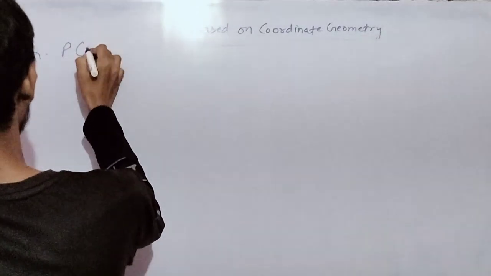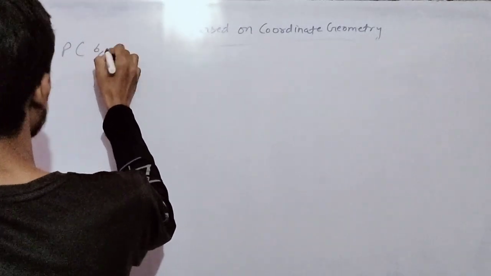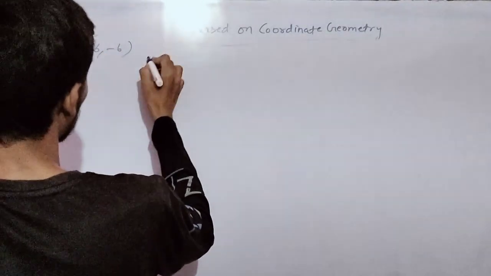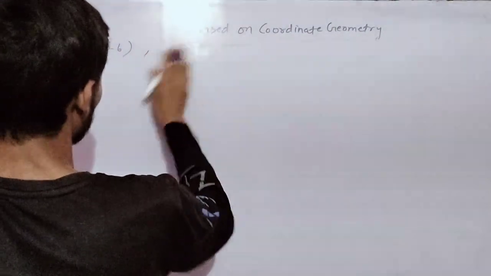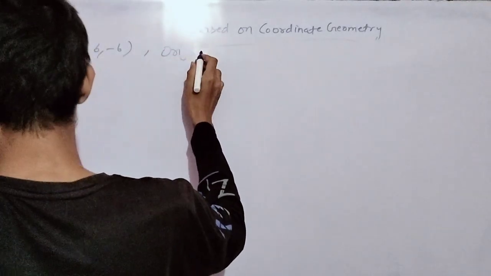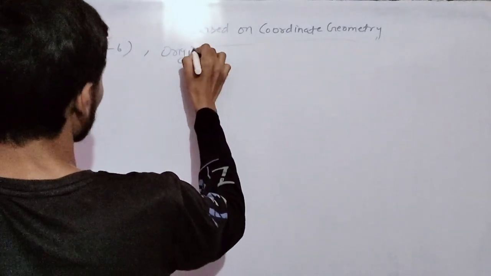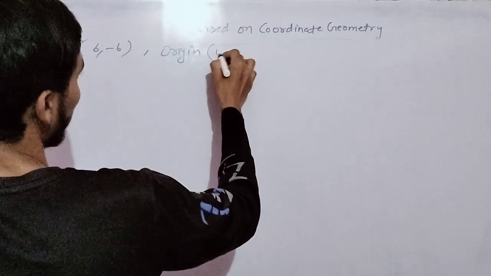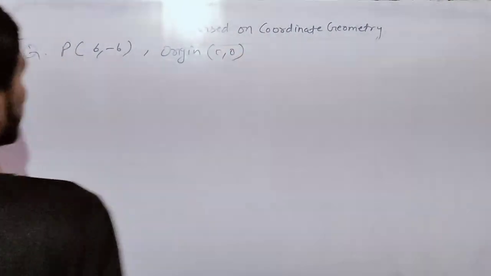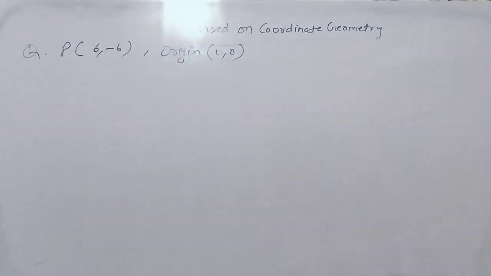P is 6 comma minus 6, and you have been given the origin. Origin means 0 comma 0. X would be 0 and y would be 0. That is the meaning of the origin on the Cartesian plane.